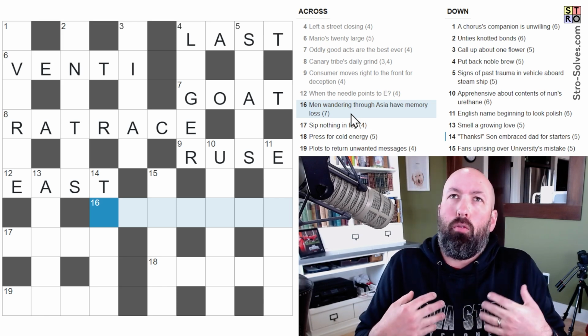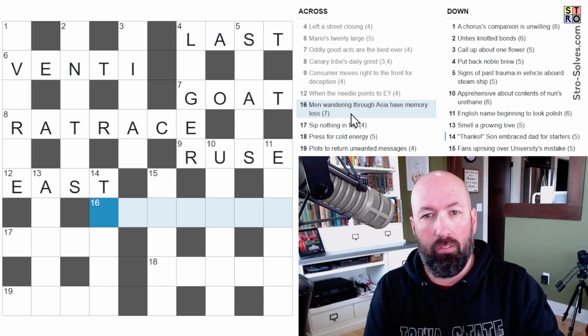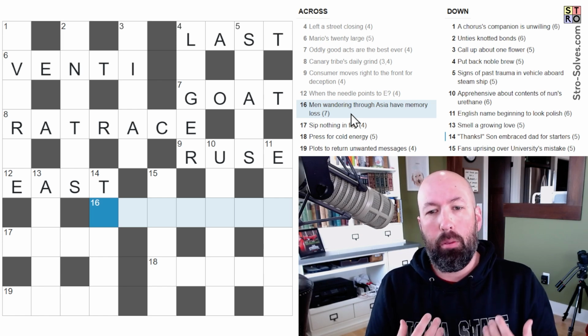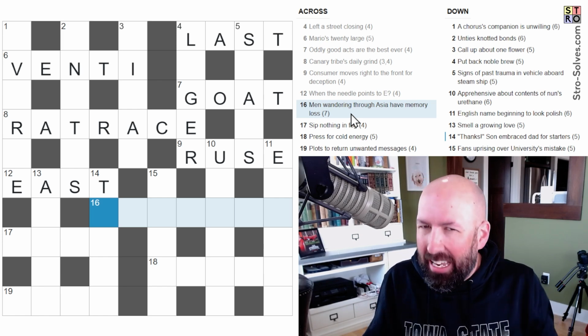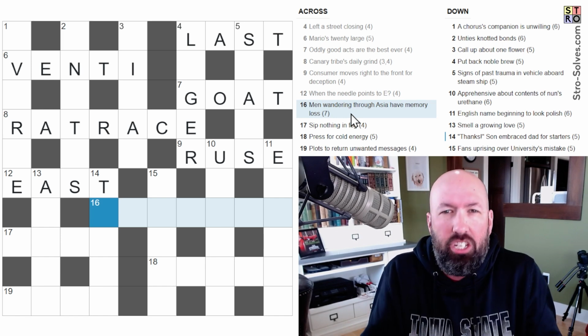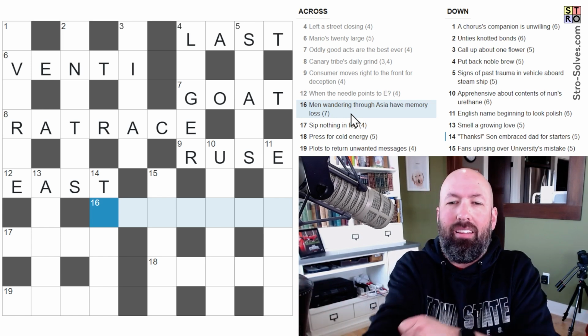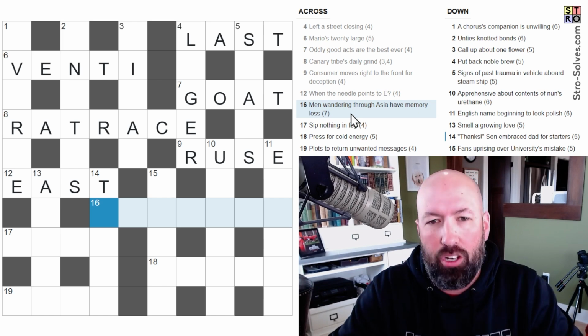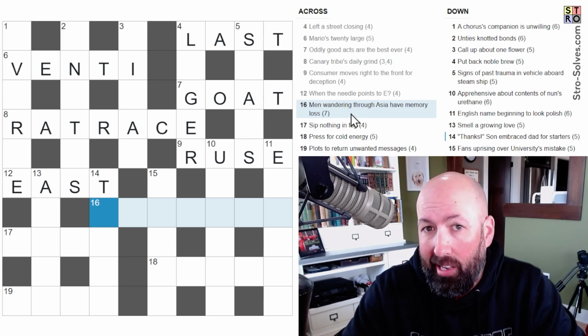Now, if you think of it from the perspective of me, the person who's creating the crossword, or when you're solving other crosswords, if you think from the perspective of the person who's setting the crossword, why did they say Asia? Why did I throw Asia in there? It seems weird. Well, it's probably because I needed the letters in the word Asia.